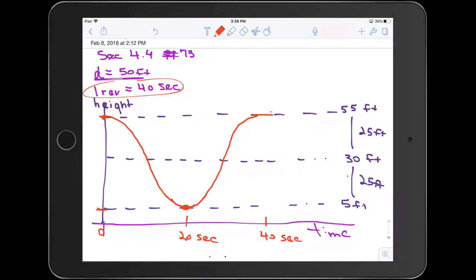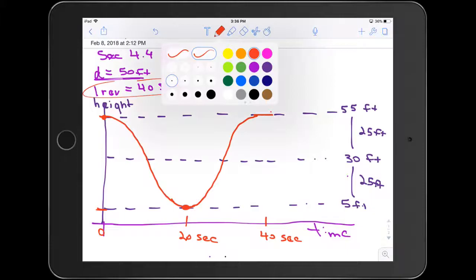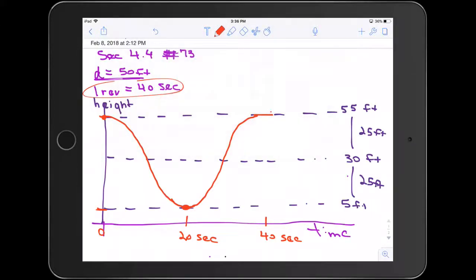So right now I could pretty much give you a pretty good function. Let me change it to red. We have y equals, the amplitude, the a value, is 25, cosine, my period is 40, so I need to change that over to frequency.